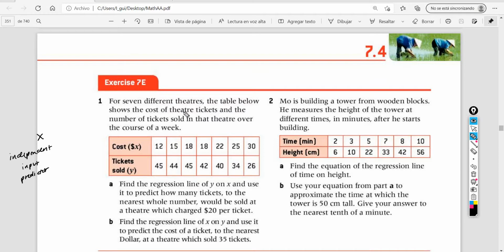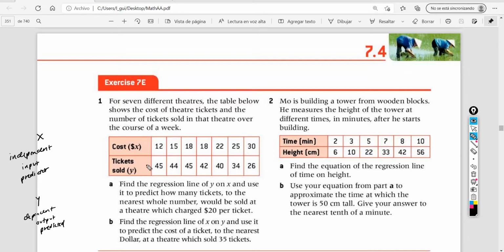And let's continue reading. It shows the cost of theater tickets and the number of tickets sold in that theater over the course of a week. So tickets sold, that is labeled as the variable y, and we can interpret this as the dependent variable, or the output variable, or the predicted.